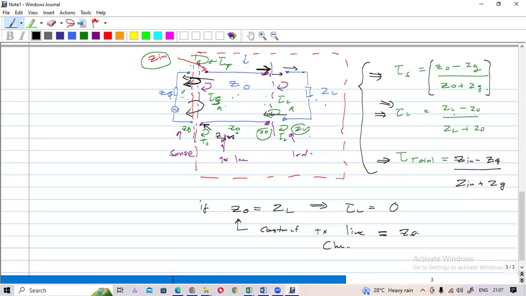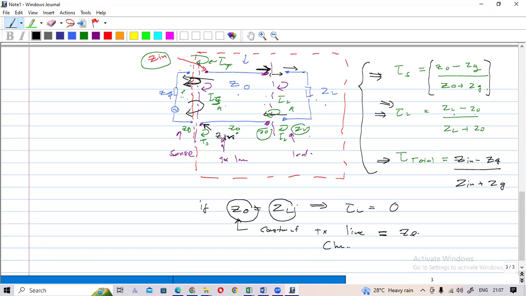How can we change the characteristic impedance of this transmission line? Using techniques like changing the width or length, most probably width, since width is related to the characteristic impedance. By changing the width, you can make the transmission line characteristic impedance equal to the load impedance.